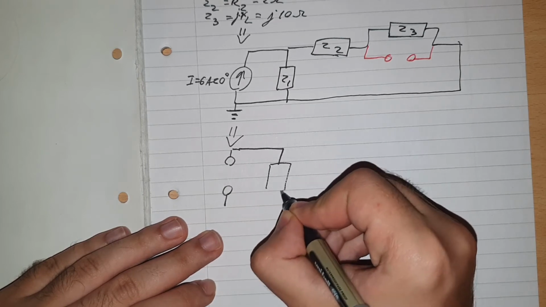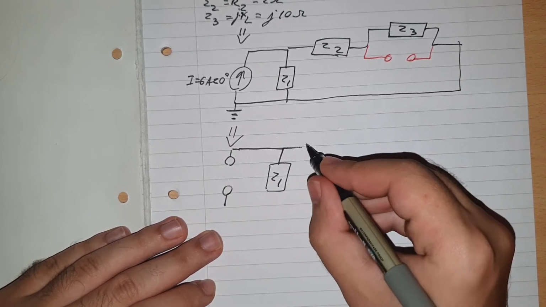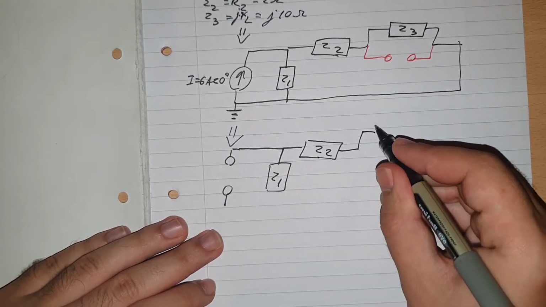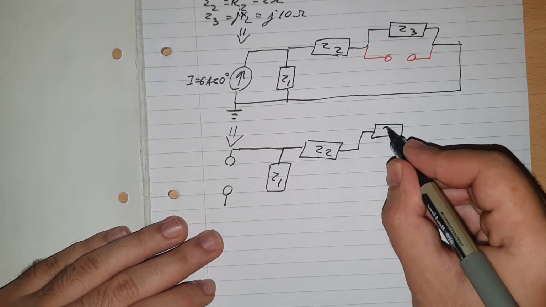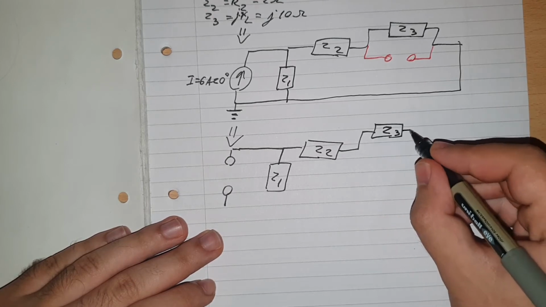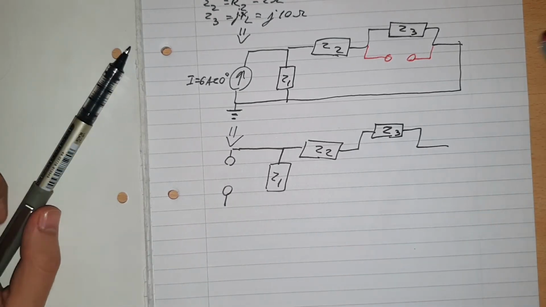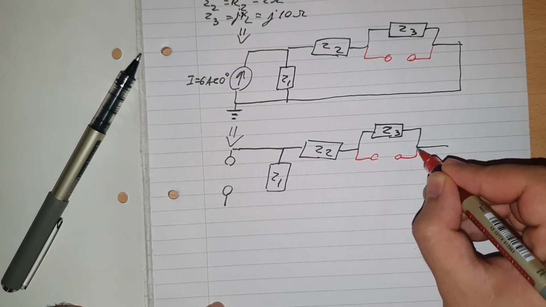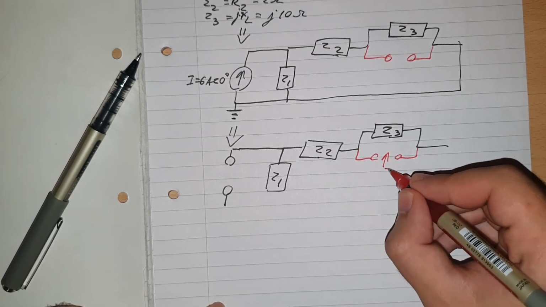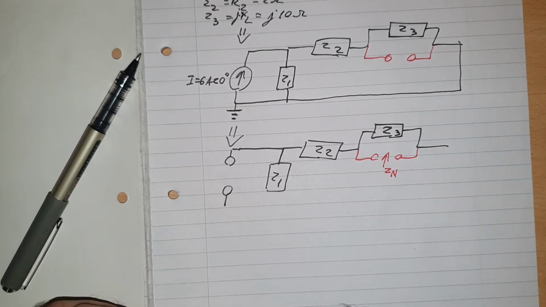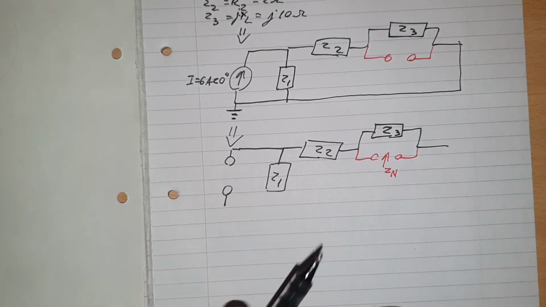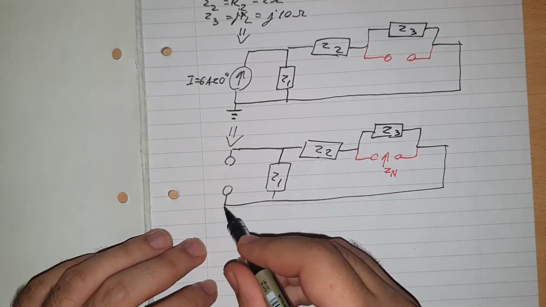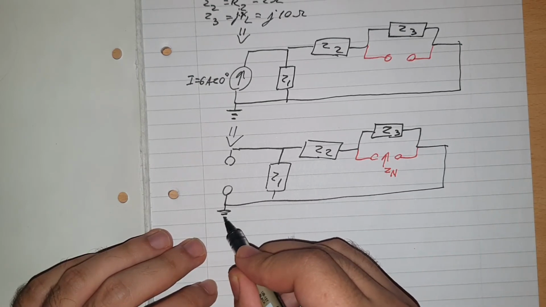So then this one will be Z1 here, this one will be Z2 here, and then this one will be Z3 at the top, and the opening will be here at the bottom, and the value will be here, Zn. Alright, and it's all connected together to the ground, this way, and here is the ground.